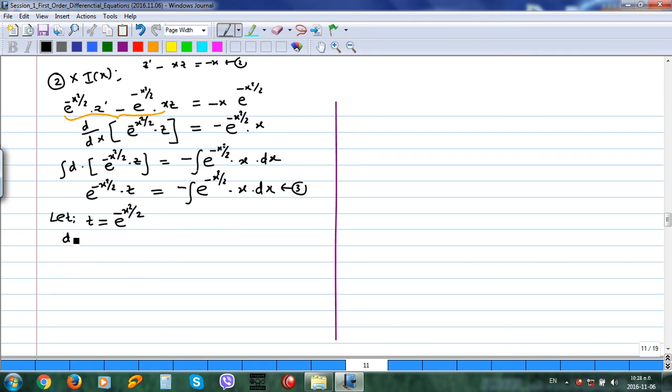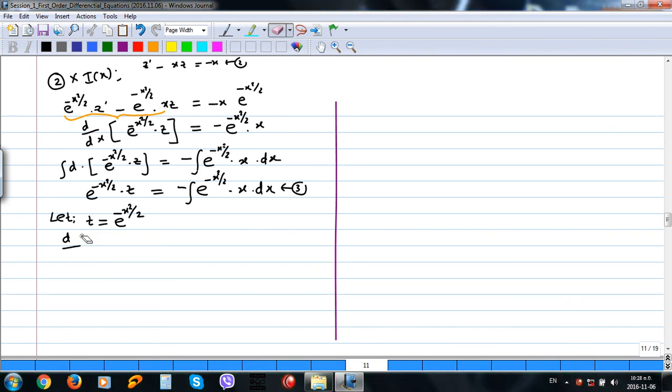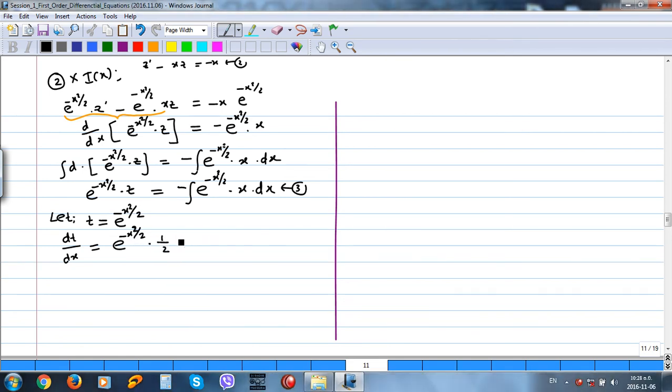Then we can differentiate both sides, dt by dx. So here comes dt over dx. The derivative of e to the power of something is the same value, times the derivative of minus x squared over 2, which is minus 2x over 2. Yeah, so then we can cancel this 2 and 2.